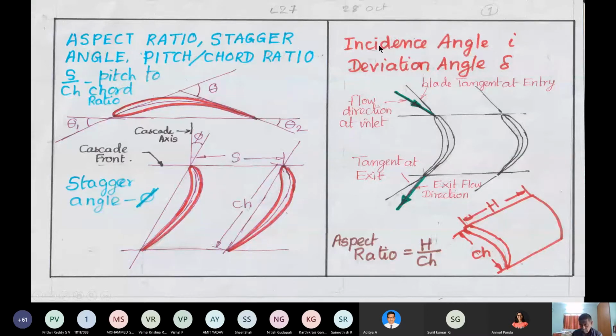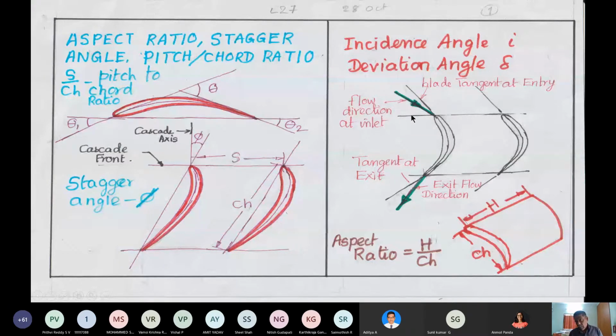So you have the blade profile, you have the tangent at the entry, the tangent at exit. At the entry, if the flow direction is not along the tangent and if it is inclined in the way shown here, then we say that there is a positive incidence angle of i.